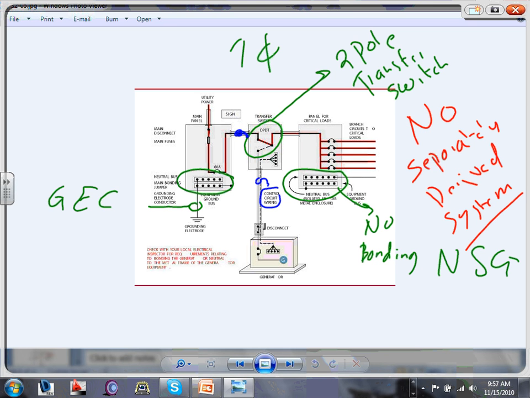The governor of the generator receives the signal and starts the engine. The engine starts and comes up to speed within 10 seconds if it's an emergency system, or 60 seconds, or whatever, if it's a non-emergency system.